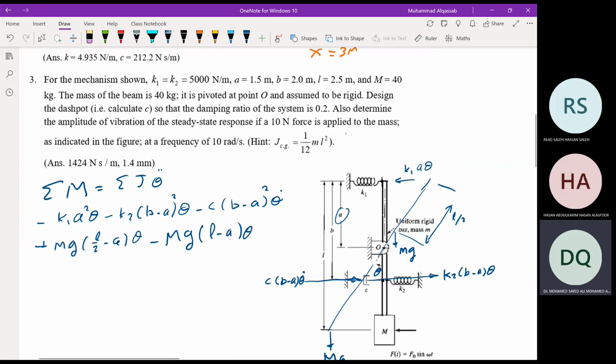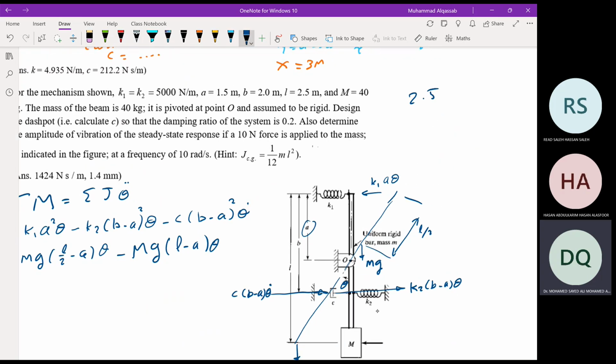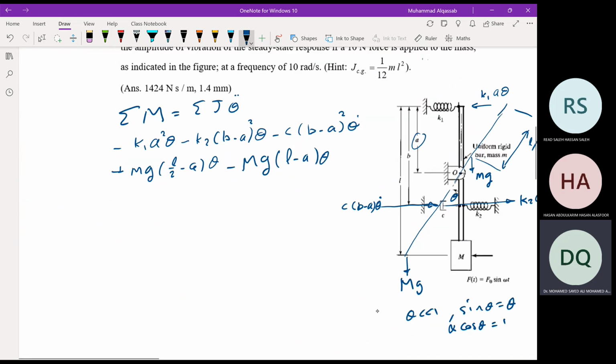L is equal to 2.5, over 2 minus A, which is 1.5. So this will be 1.25 minus 1.5, and this will give me a negative value, minus 0.25.